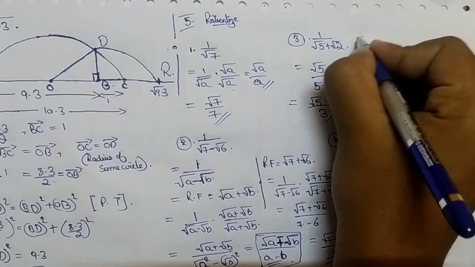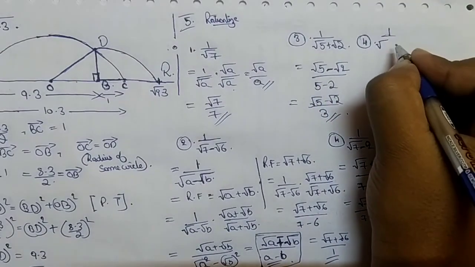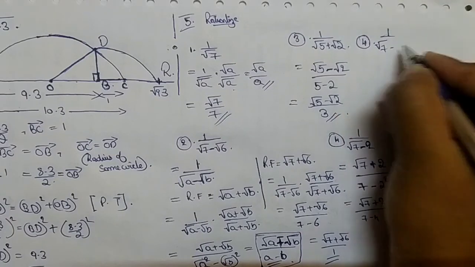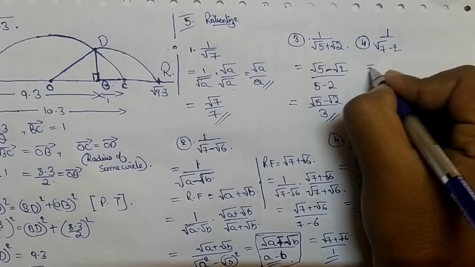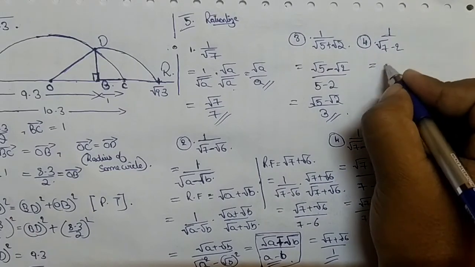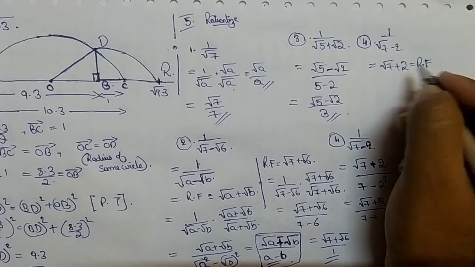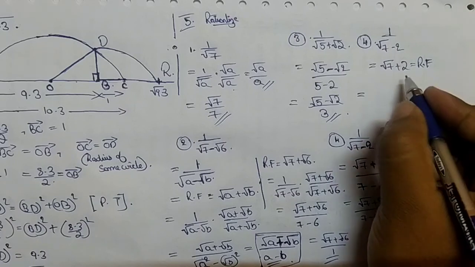I will write the fourth one again, 1 by root 7 minus 2. The rationalizing factor is root 7 plus 2. Now multiply to numerator and denominator.